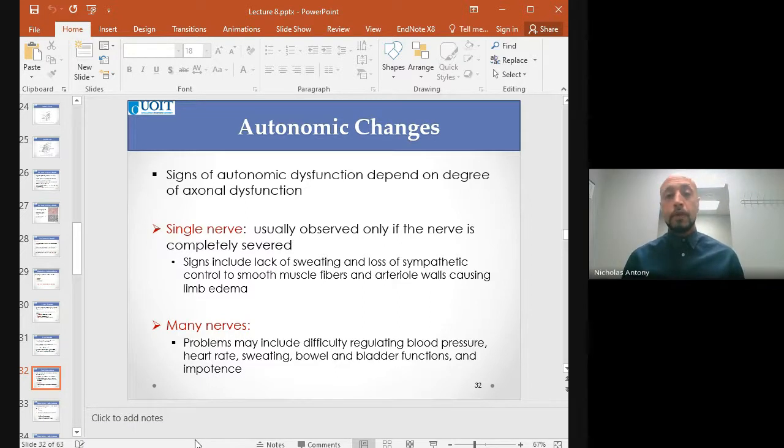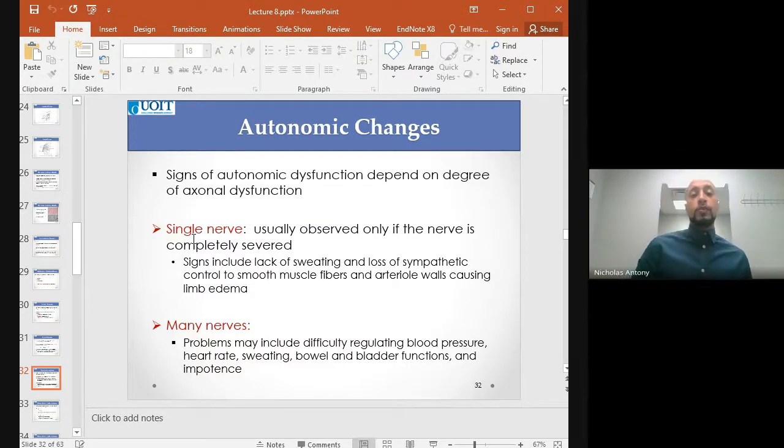So the autonomic system is not one that we've talked a lot about in this course, but it is our regulatory system. And so we'll see autonomic changes if there is damage to our peripheral nerves as well, because that's how they run.